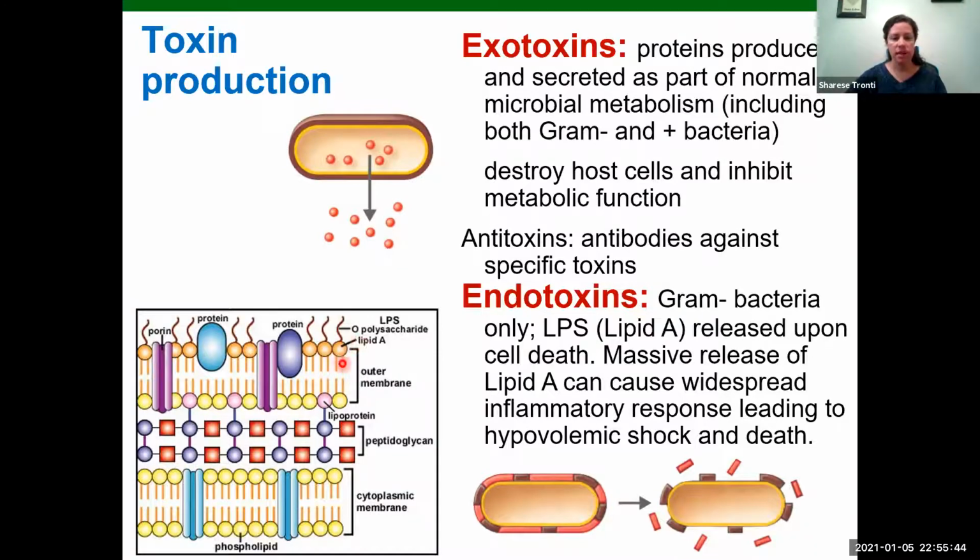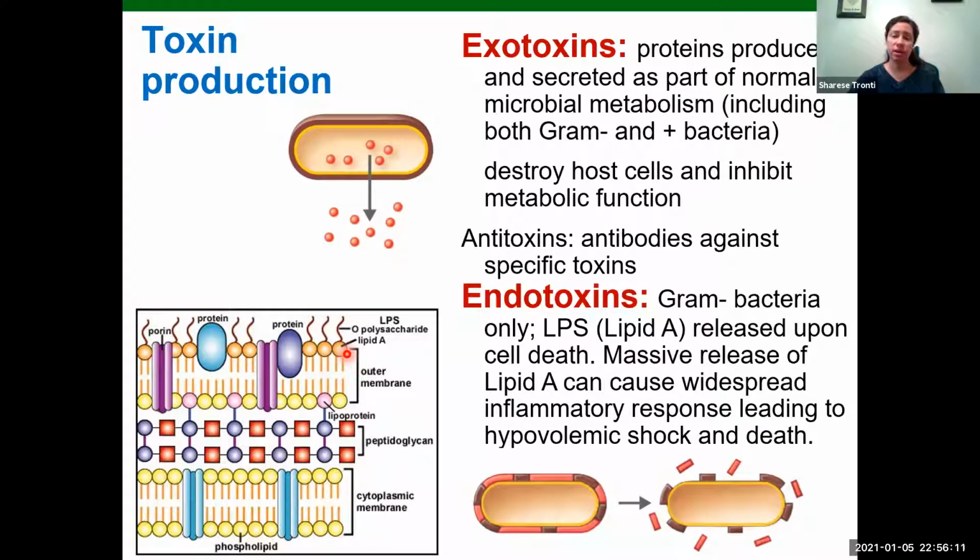This lipid A is part of the cell, part of that microbe. It's not produced to be released, it's made to be part of the microbe. So the only time the lipid A is going to be released and cause toxic effects is if that cell dies. When it dies, it breaks apart and releases those lipid A's.